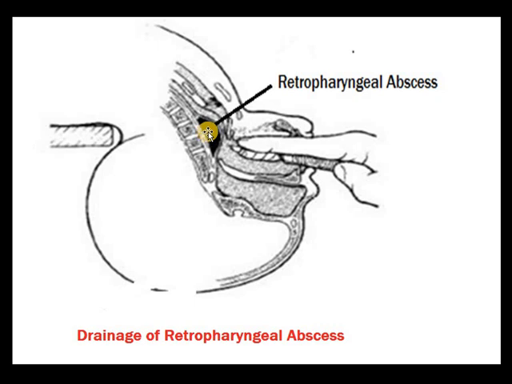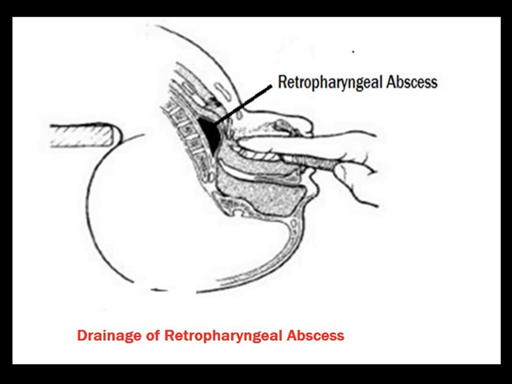Then if you look at the patient's throat, you can see a bulge in the posterior pharyngeal wall, and you can aspirate with an 18 gauge needle fitted in a 10 ml syringe. So if pus comes in the syringe, then you are 100% sure that the patient is having retropharyngeal space abscess, and you can drain at the same time.